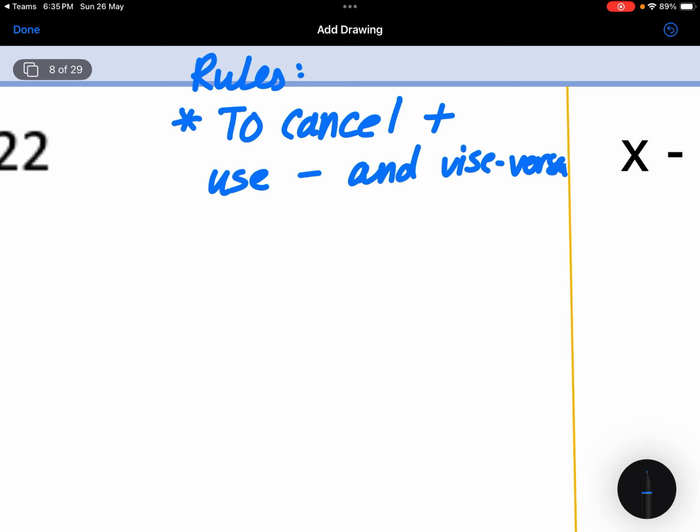To cancel subtraction, use addition. Addition and subtraction are the opposite operation of each other.